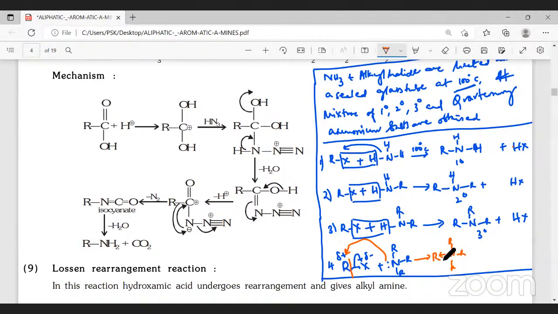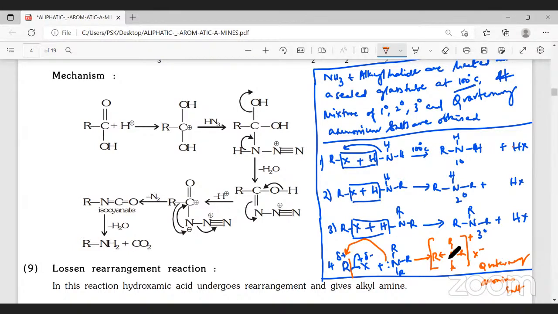To form this bond, both electrons are given by nitrogen, therefore it is a coordinate bond. The nitrogen gets a positive sign, and the halogen is negative, X minus. This is called a quaternary ammonium salt.